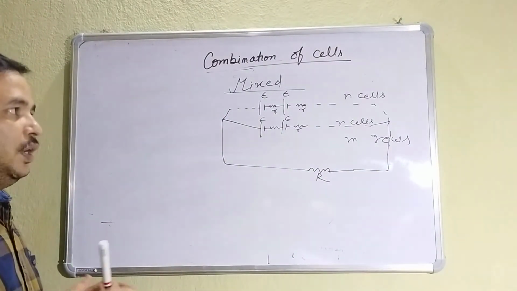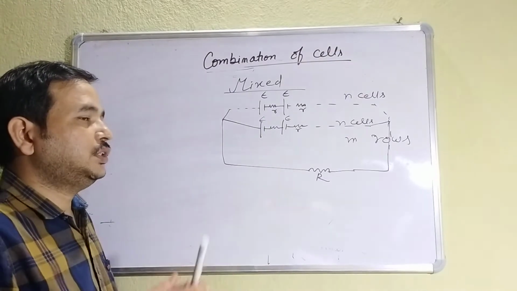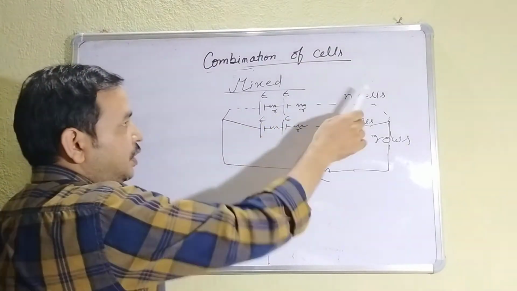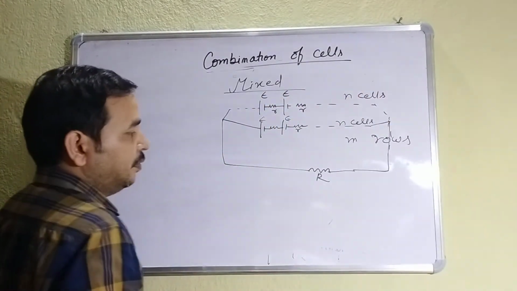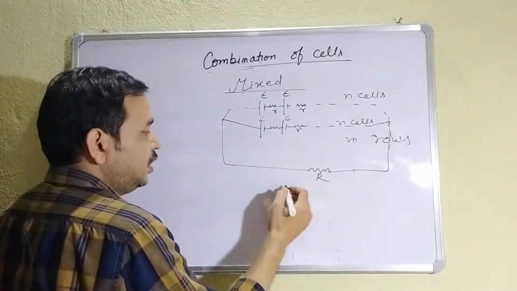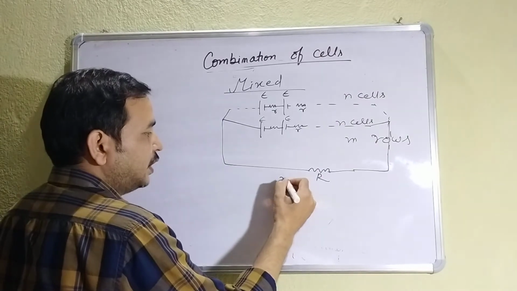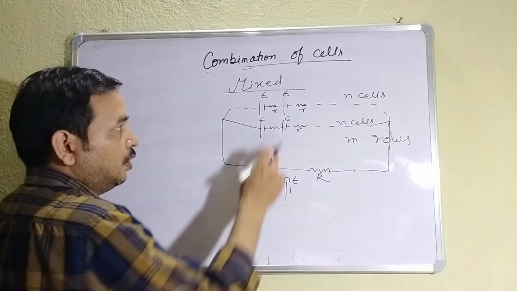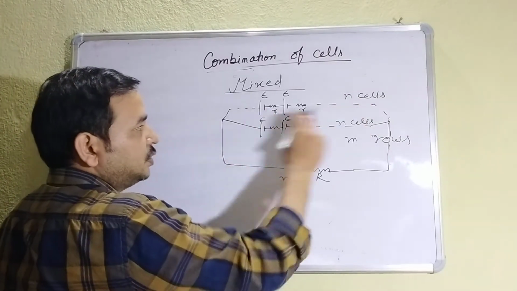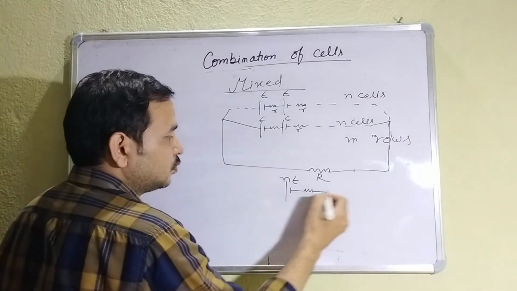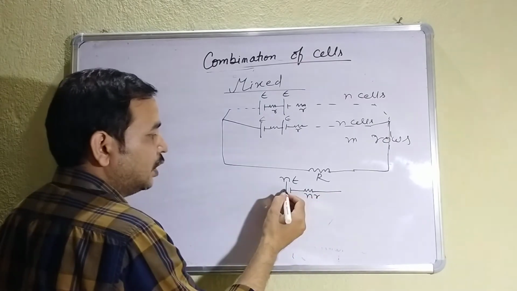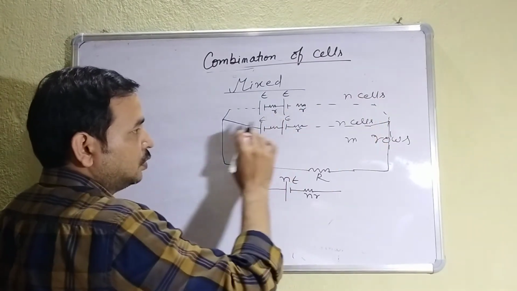First, we have read that if there is a series combination, then the net EMF is the addition of all. So E plus E, n times, so the EMF of these cells is n into E. Now if resistors are connected in series, R plus R, n times, it is n into R. This is for one row. Clear?